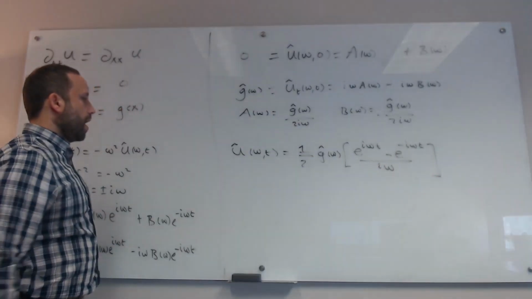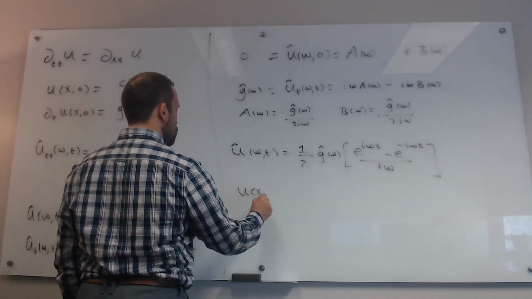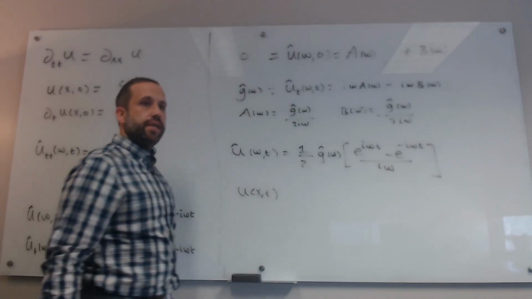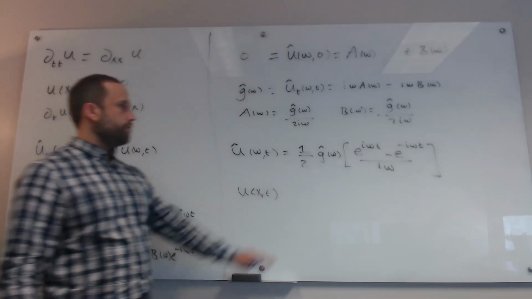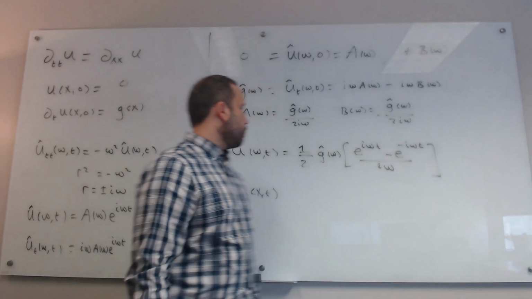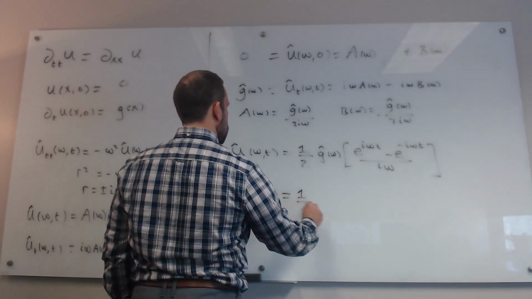And again, I want to find the inverse Fourier transform. So I'm going to have u of x, t. You could do convolution things, the convolution of g with the inverse Fourier transform of this, but I'm just going to look at the formula for the inverse Fourier transform.